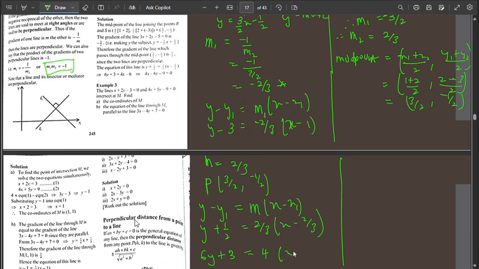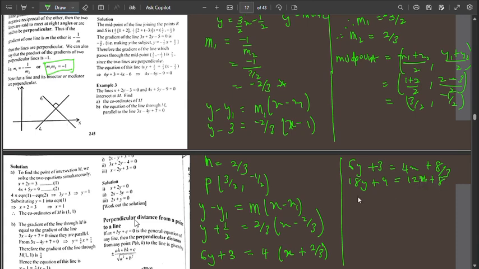Then I have x plus 2 over 3. I will try and simplify it further. 6y plus 3 is equal to 4x plus 8 over 3. Let's multiply by 3 to get rid of this fraction. So I'll get 18y plus 9 is equal to 12x plus 8.